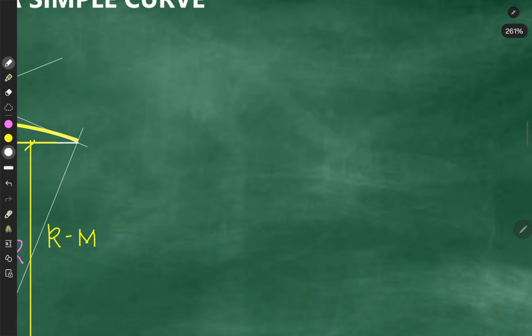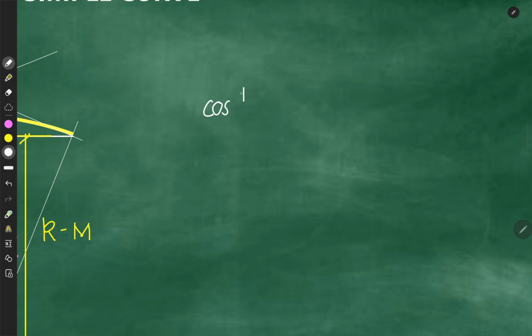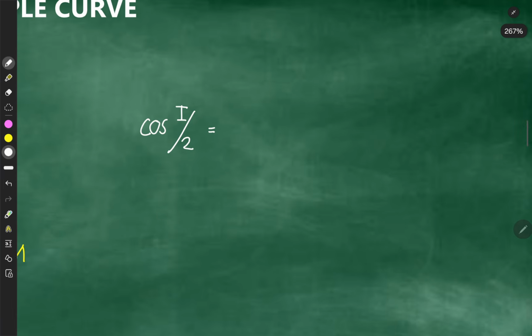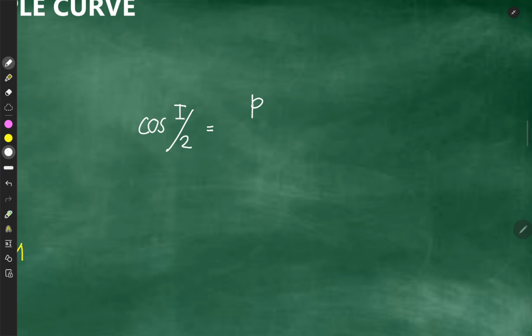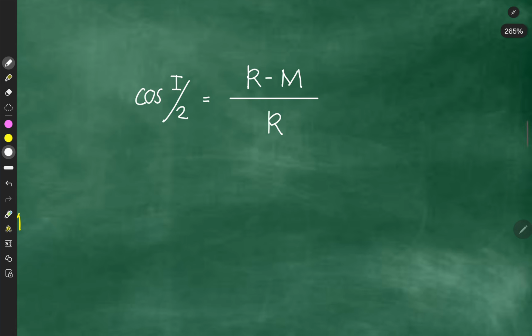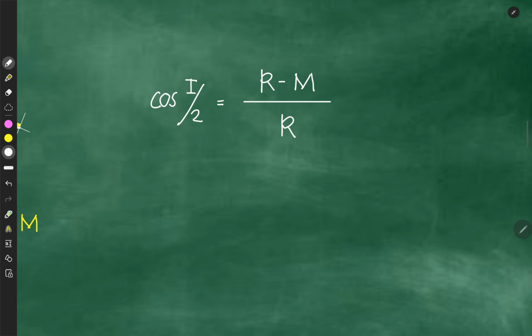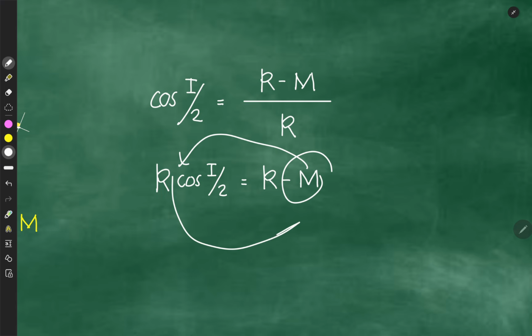So again, cosine I over 2 is equal to adjacent, which is R minus M, over hypotenuse, which is the radius. Okay? So cross multiply, we can make this equation as R cosine I over 2 is equal to R minus M.